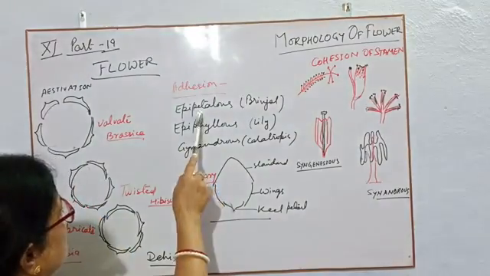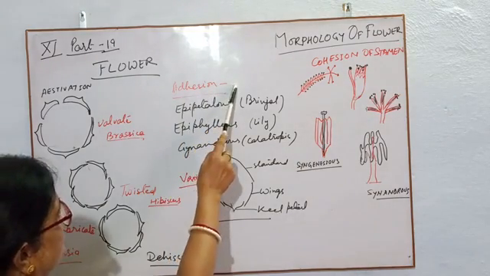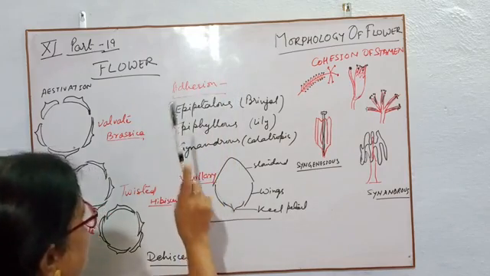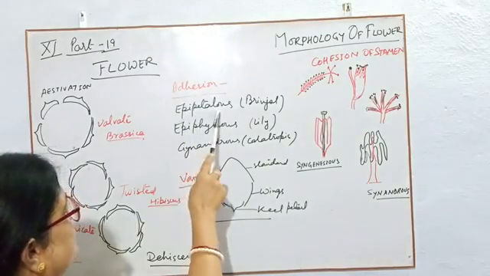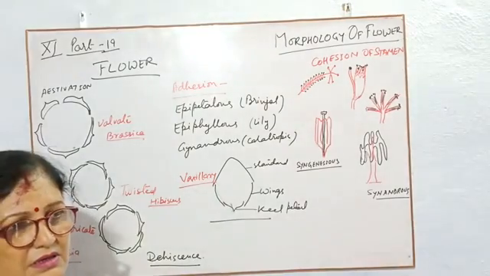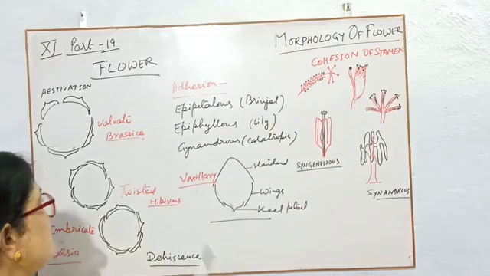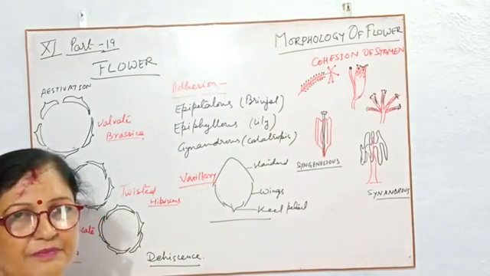If the stamens or anthers are attached with the petals, then the name given is epipetalous. It means the stamens are joined or attached with the petals.